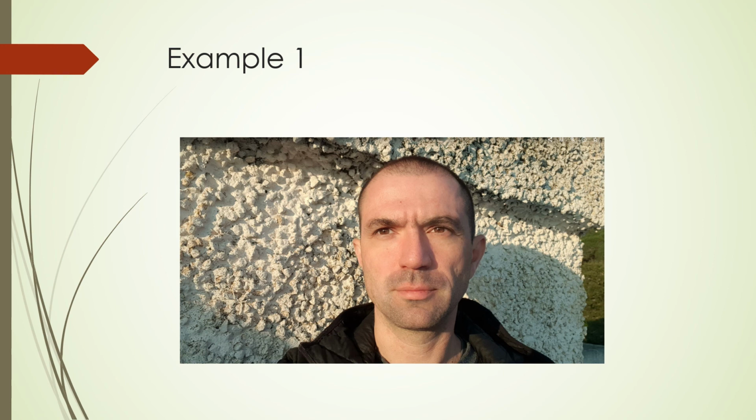Now we're going to talk about the evening light. This is one example where I took a photo of myself in the evening light condition, and as you can see, it's a whole different effect. The mood is different, the shadows are different, the light is less aggressive, less contrast, and it creates just a different mood.